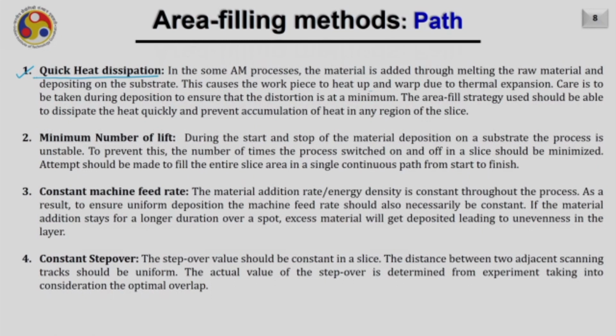Also, the toolpath should have a minimum number of lifts. Lifts means the number of switch offs and ons. As you know, most of these additive manufacturing processes are inertia based, meaning some mass transfer is taking place. When the process starts or stops, in this transition phase, the deposition of the material is not stable.